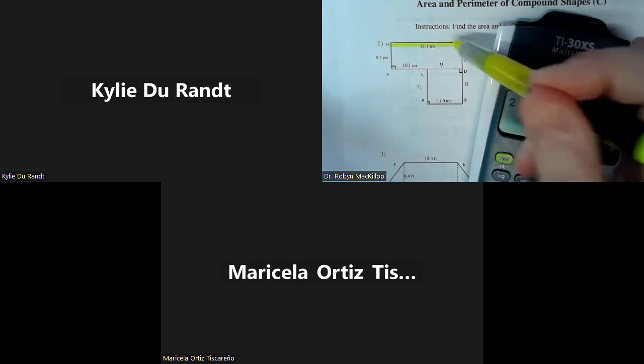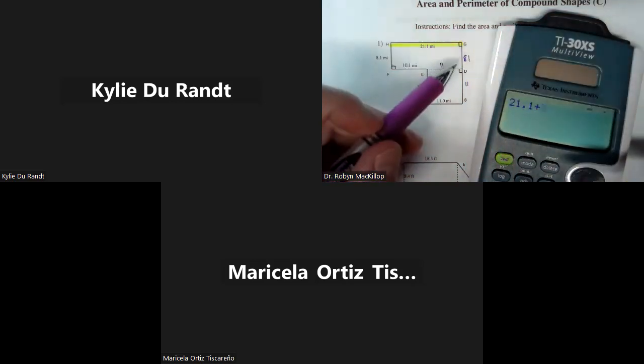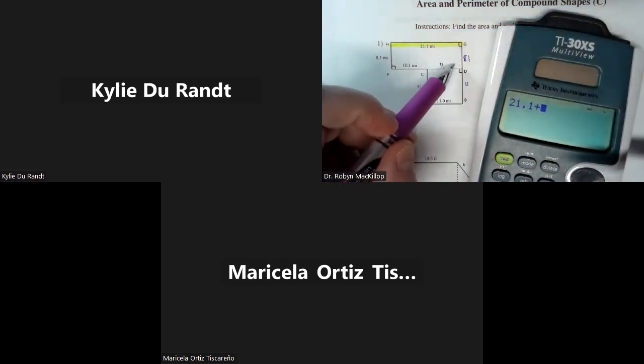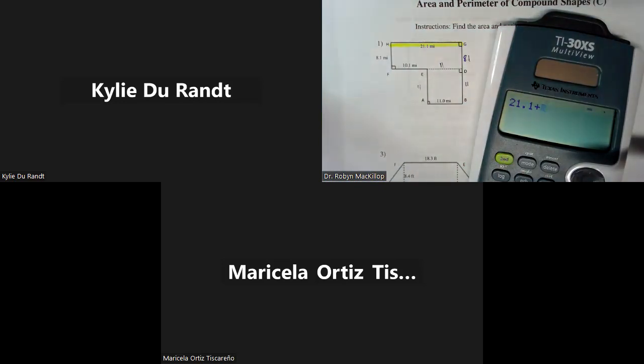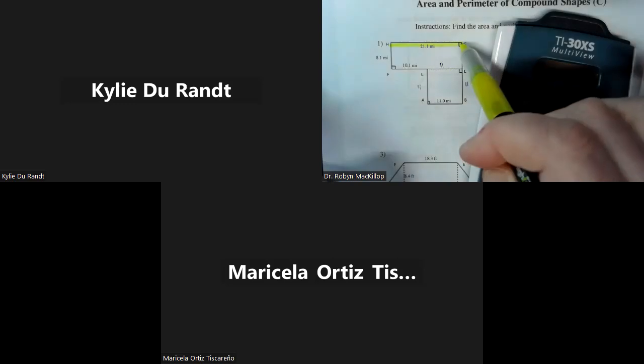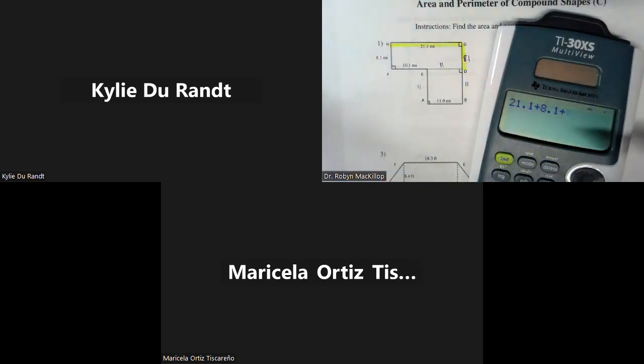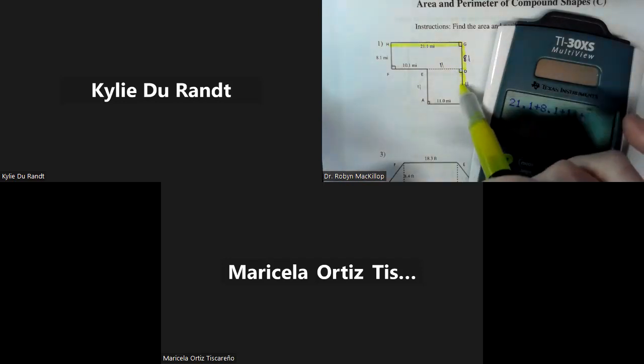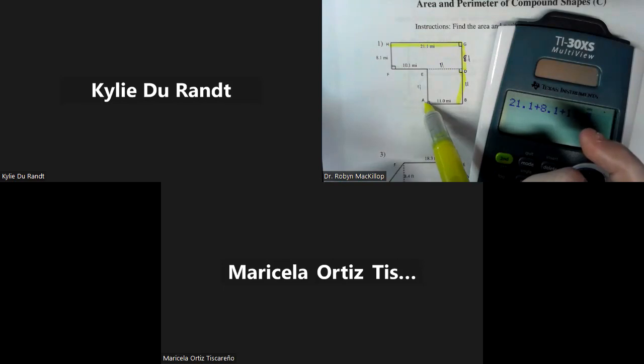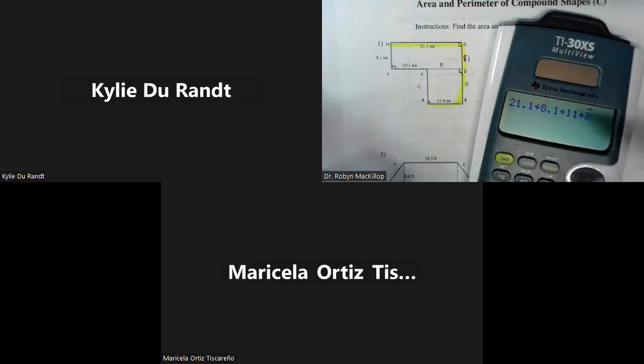So we did that one. Then we're going to add up the side, 8.1 plus, so we've got this portion, plus the 11. So we've got this portion. We're going to do 11 again for the bottom piece here.